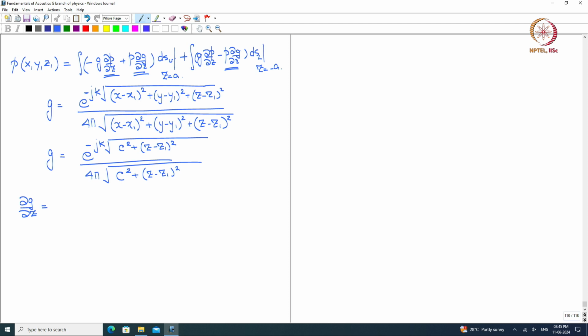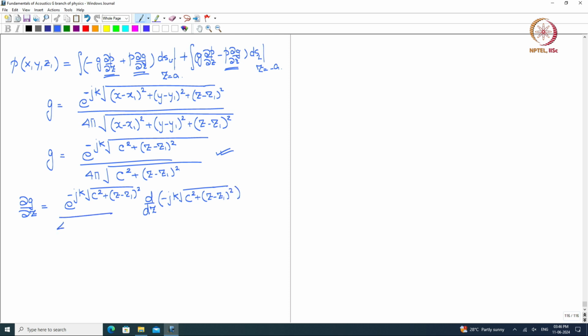Okay, from this form, the numerator: derivative of the numerator, e to the power of minus jk square root of c squared plus (z minus z1) whole squared, into the derivative of this exponent, which is d by dz of minus jk square root of c squared plus (z minus z1) whole squared.